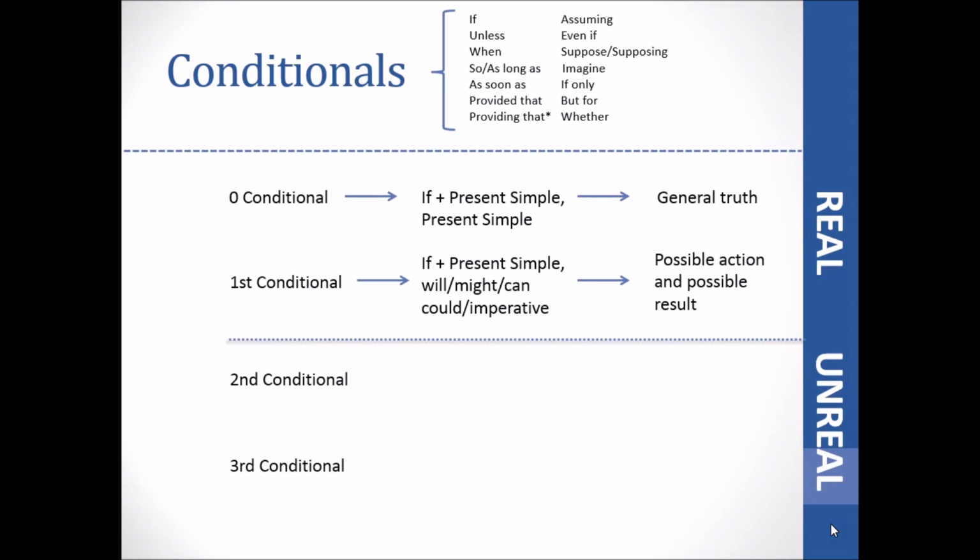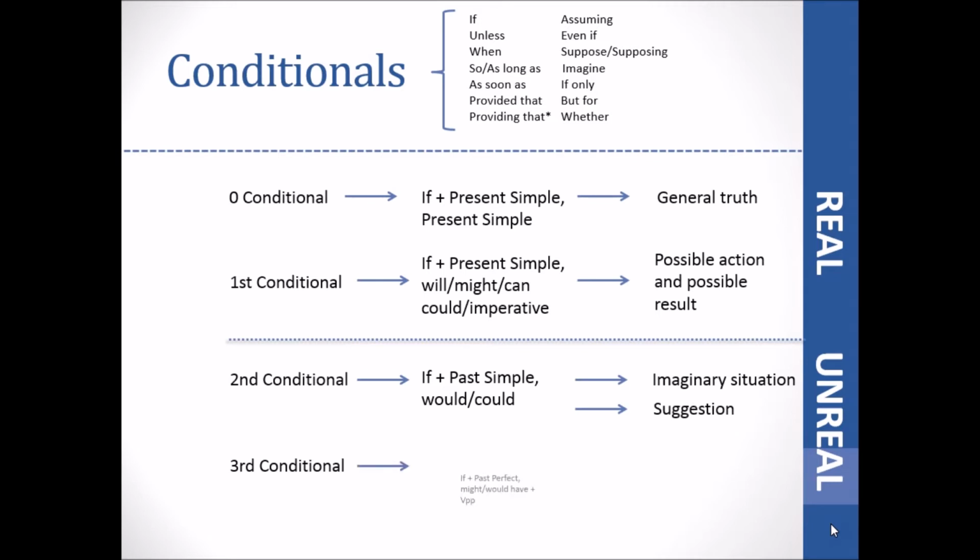Let's discuss that in a moment. The second conditional is if plus past simple, would or could, and it has 2 main purposes. One is to show an imaginary situation, or if you are more sophisticated, you would probably say a hypothetical situation, and also suggestion.